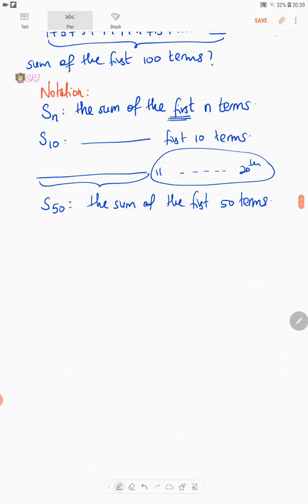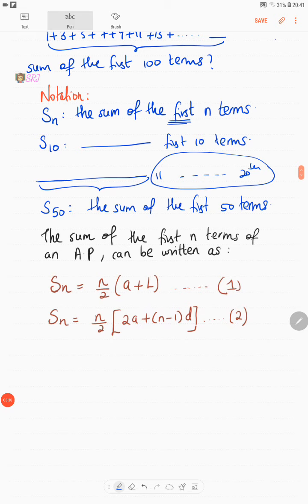So let's see these two formulas. The sum of the first n terms of an AP can be written as, so we have two formulas. The first one is Sn is equal to n over 2 into a plus l. If you remember, a is the first term and l is the last term of the sequence.